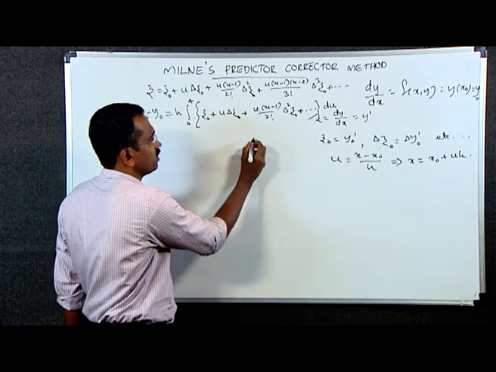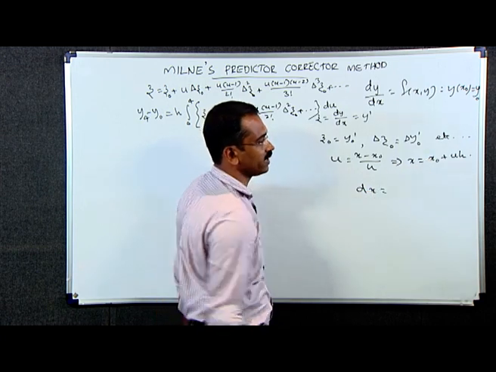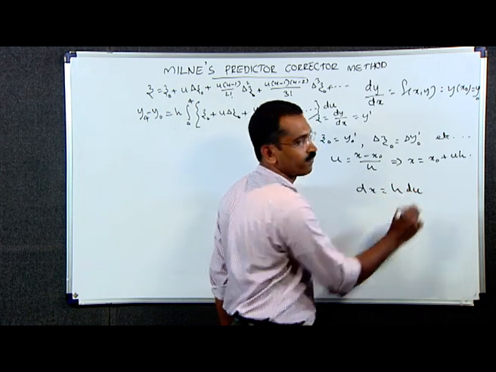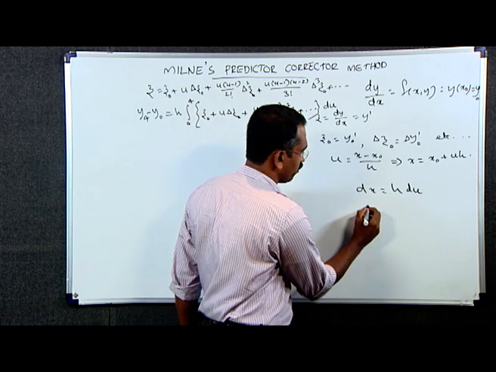Because dx is equal to h into du, and the limits for u are 0 and 4.